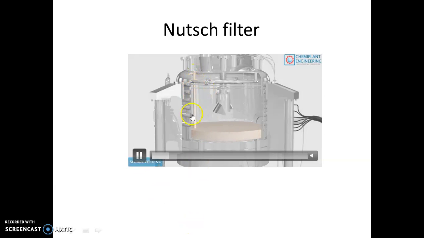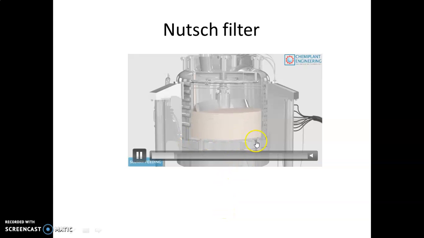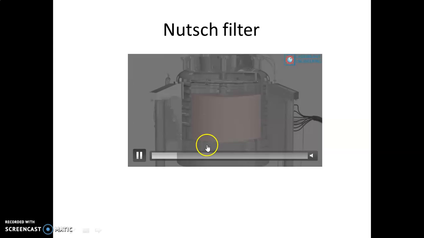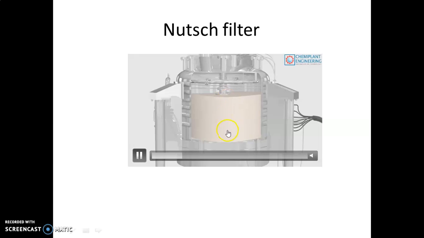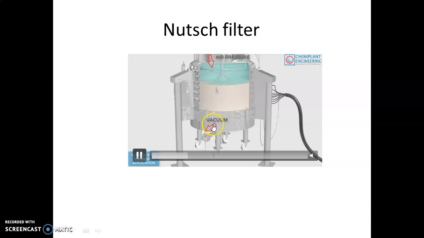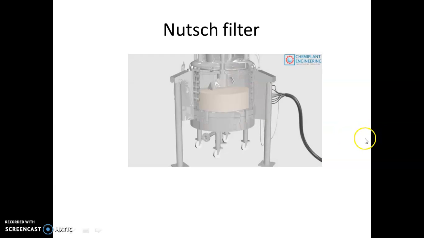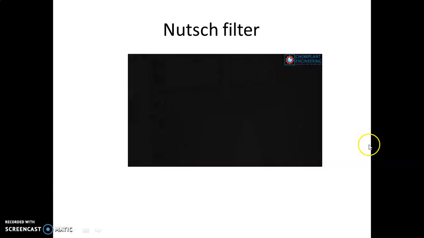So the slurry enters from here. This is the perforated plate or screen, and the cake is formed here, and vacuum is applied here, and you have to apply air pressure here. By doing this, we can compress the cake, and by applying vacuum we can take out the filtrate from here.